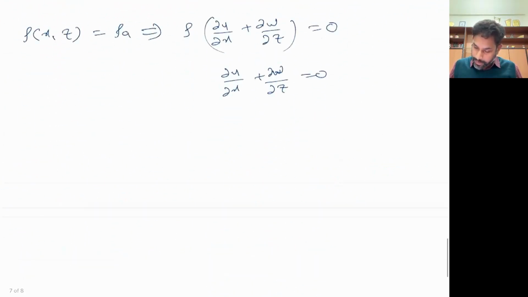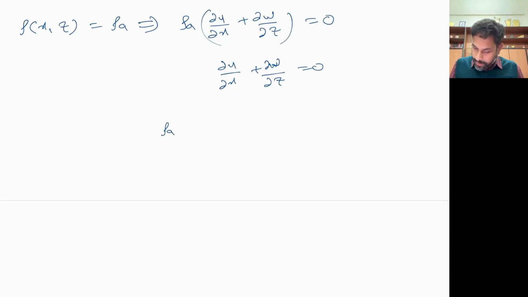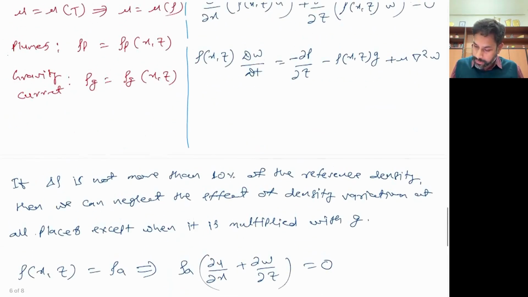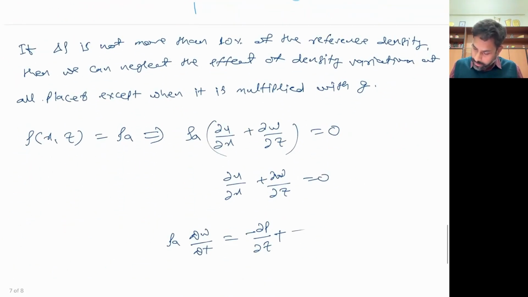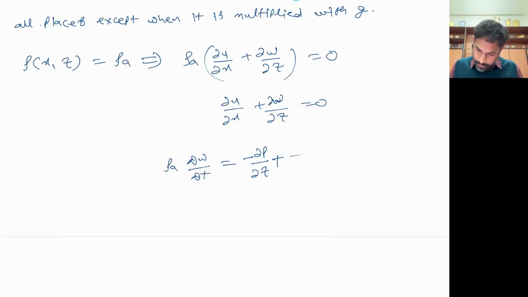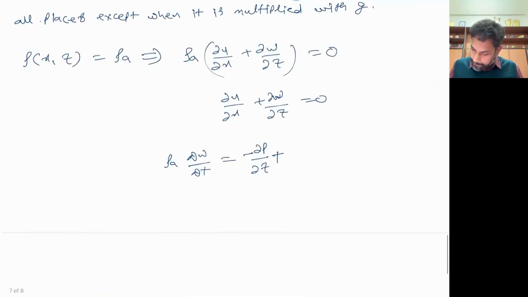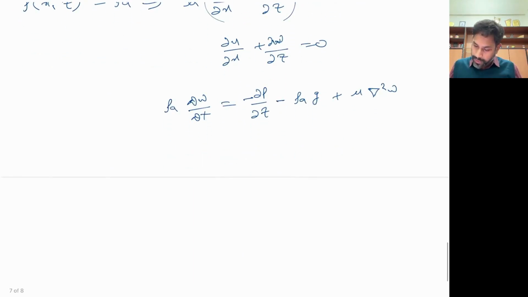The second equation, that is the momentum equation, can be written as rho a dw by dt is equal to minus dp by dz minus rho g plus mu del square w.